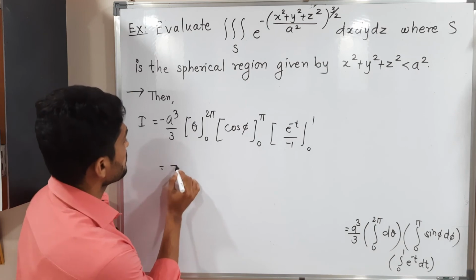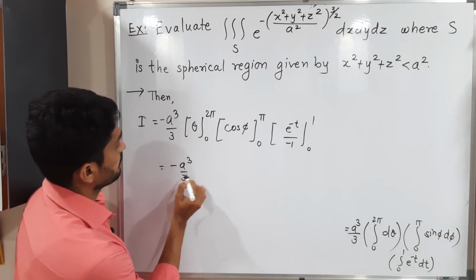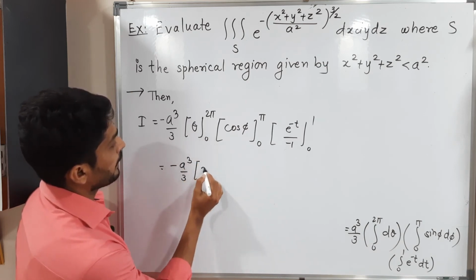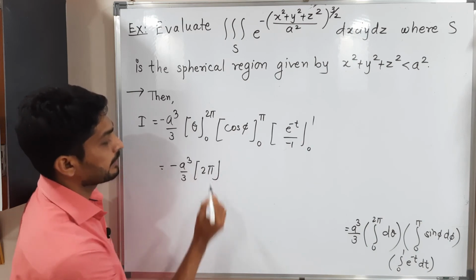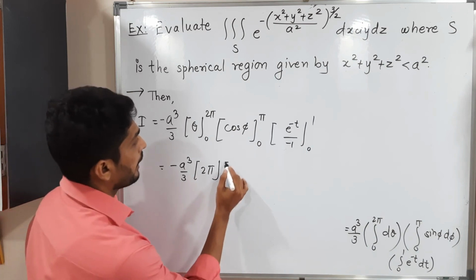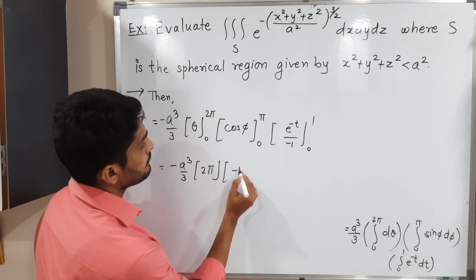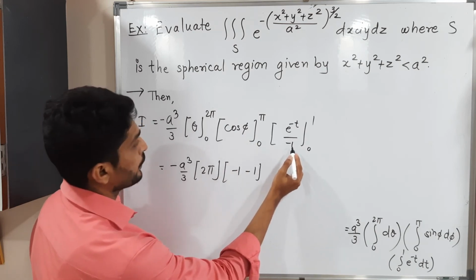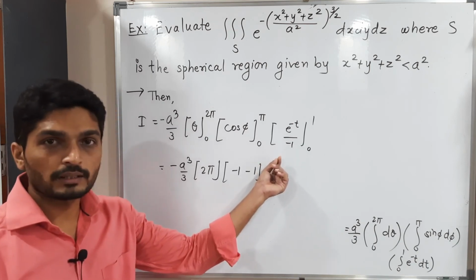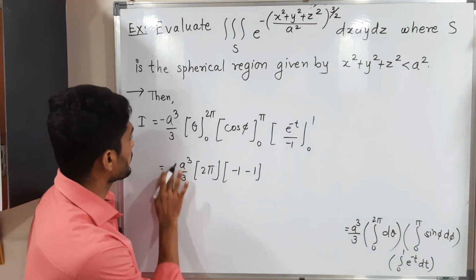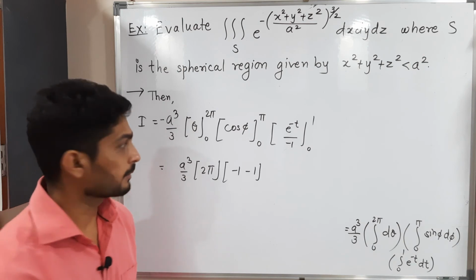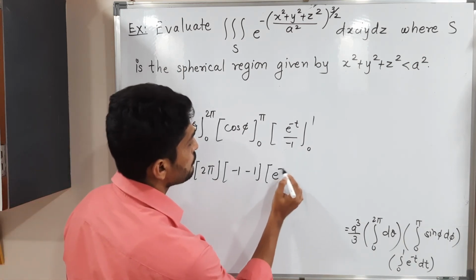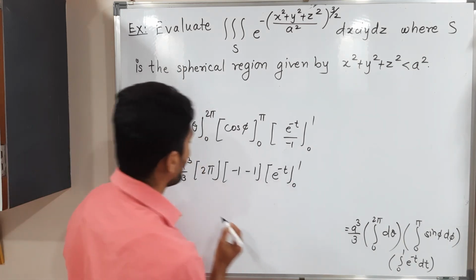Okay, so this is minus a cube by 3. I am putting 2 pi. 2 pi minus 0, we will have 2 pi only. I am putting pi. Cos pi is minus 1 minus cos 0 is 1. See, minus sign. So what will I do? I will take this minus 1 outside. So this minus 1 and this minus will get cancelled to each other. And we will have simply e raised to minus t 0 to 1.